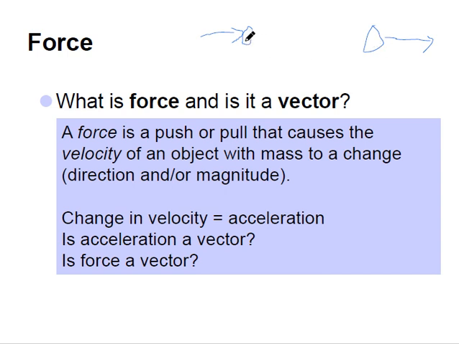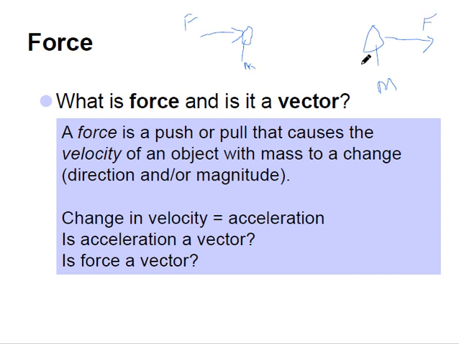Of course, if you have an object, you always have a mass. So an object with a mass, meaning the stuff that makes up that object, is mass. Something is pushing, and we call that force. Something is pulling that object, and we call that force.